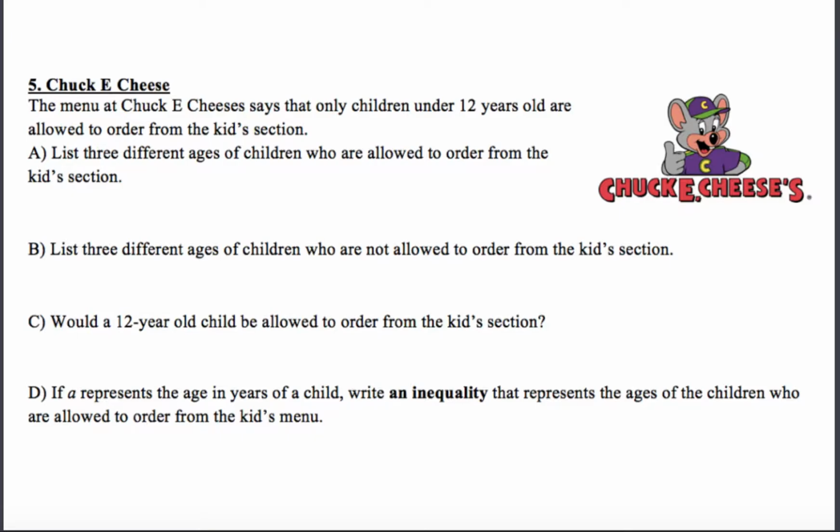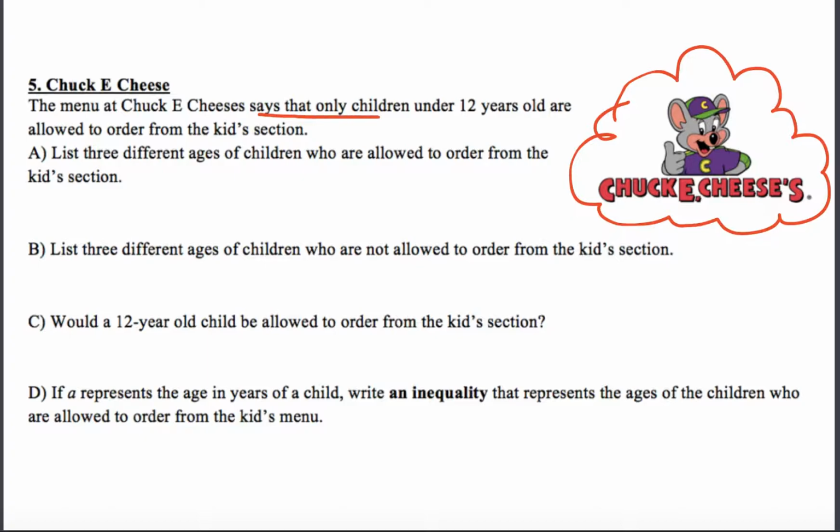Alright, now we're going to talk about a real-world situation that happens at Chuck E. Cheese's. Maybe you've been there. It's a restaurant that has games and arcade stuff. And the menu at Chuck E. Cheese says that only children under 12 years old are allowed to order from the kids section. Okay, so only children under 12 years old are allowed to order from the kids section.